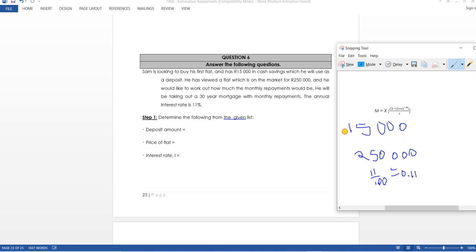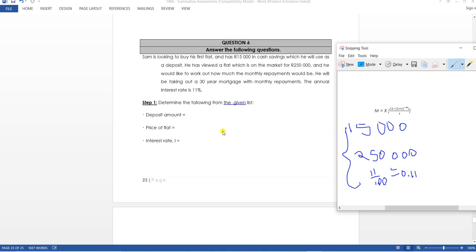So these are what we have for step 1. So now what we need to determine is the monthly repayments.